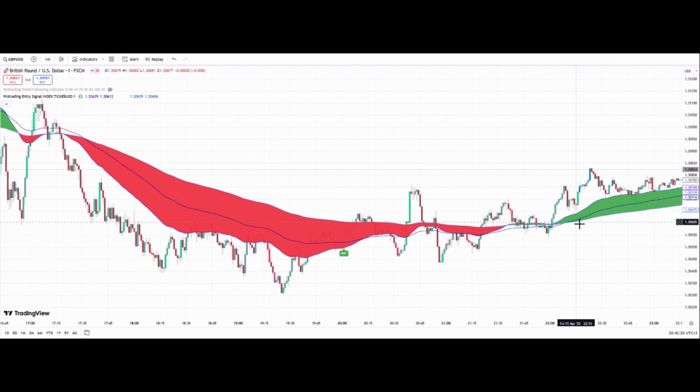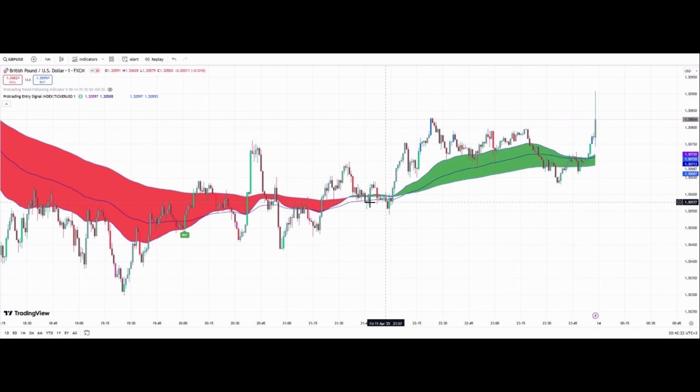So we keep moving, and this is the current live market, which will be opening in the next 2 days.